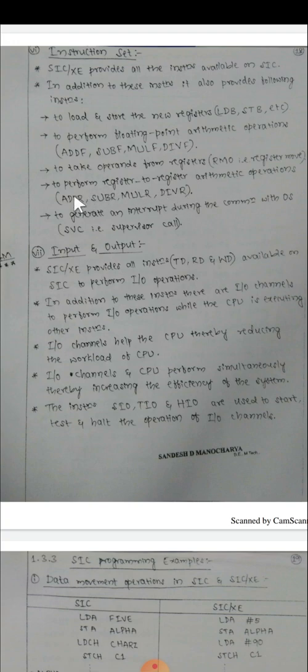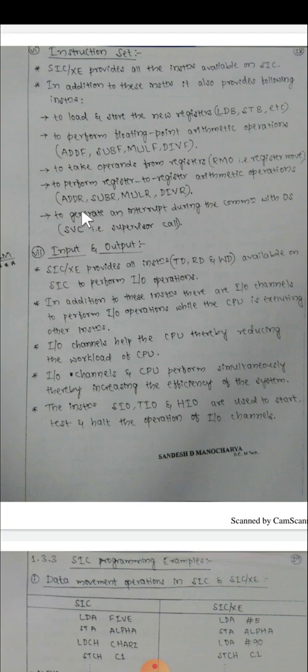These are not ordinary arithmetic instructions like add, subtract, multiplication, division. These are addition of registers, subtraction of registers, multiplication of registers, and division of registers. So these types of instructions are called register to register arithmetic instructions.